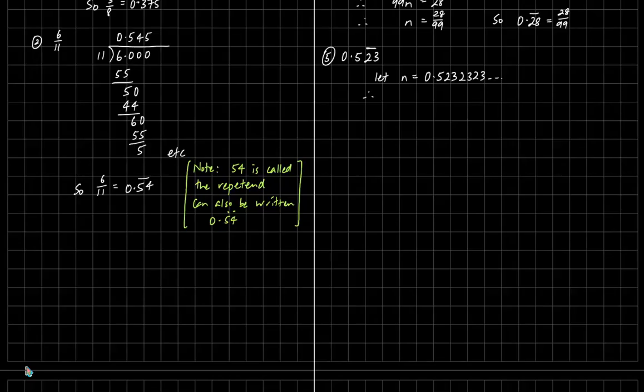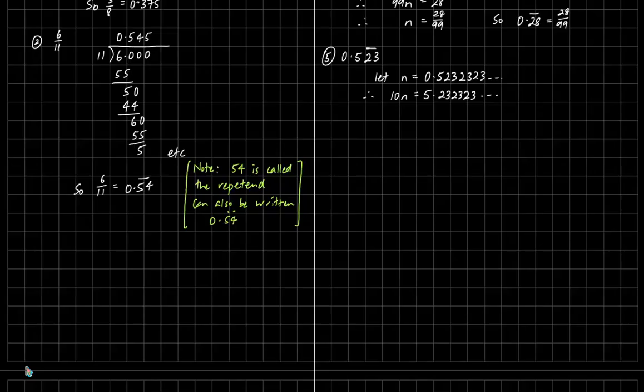So what I'm going to do first of all is say, let's go just 10 times n, and that'll get the bit after the decimal point. So the part of the number that's after the decimal point will just be the repetend repeating itself. So I don't want any of the non-repetend part on the right hand side of the decimal point.